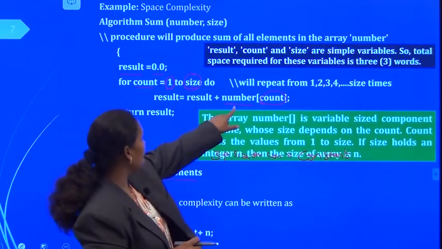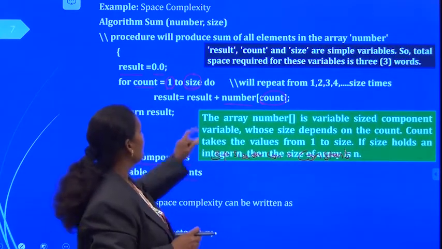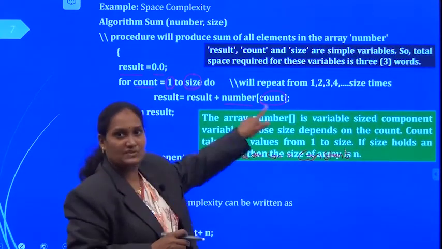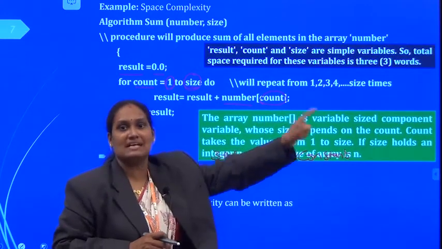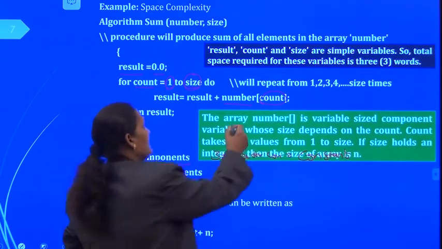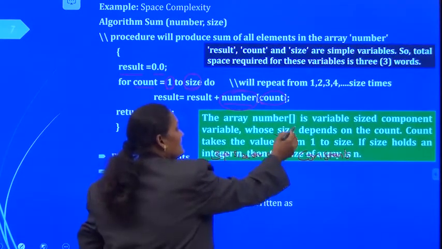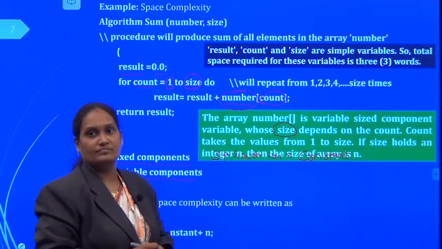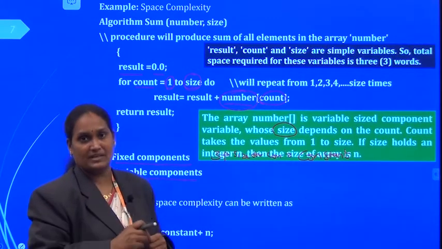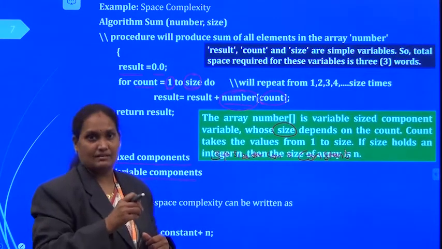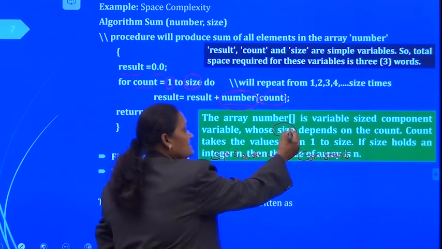That is initially number of 1, number of 2, number of 3, so on, number of size. That is, the space required for array number is given by the variable size.